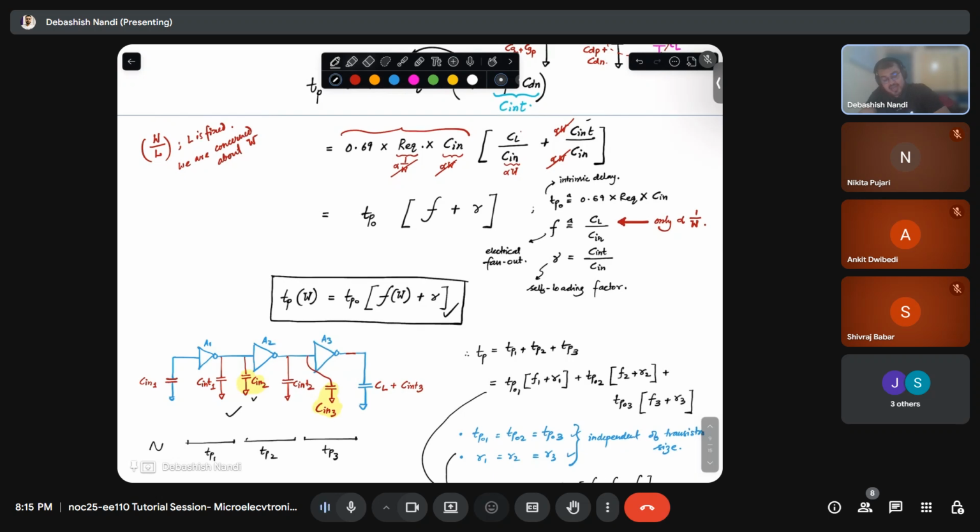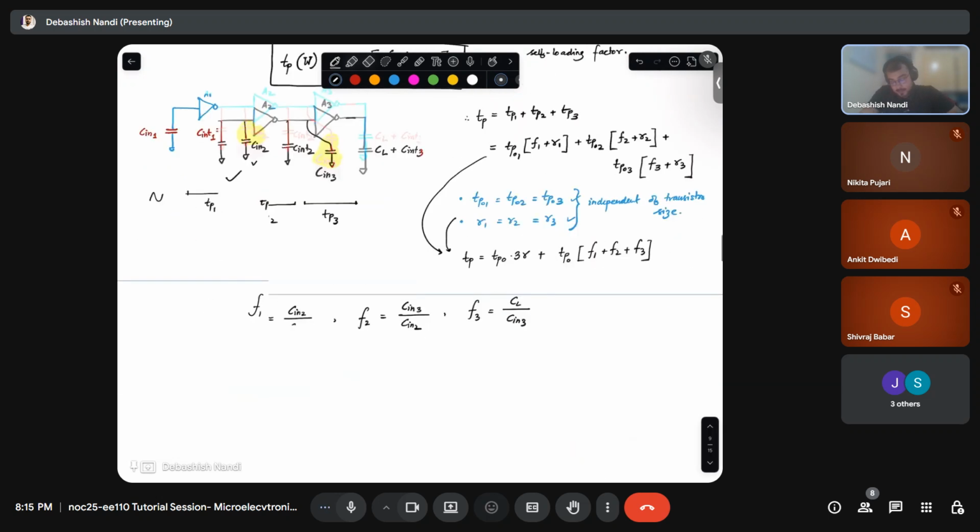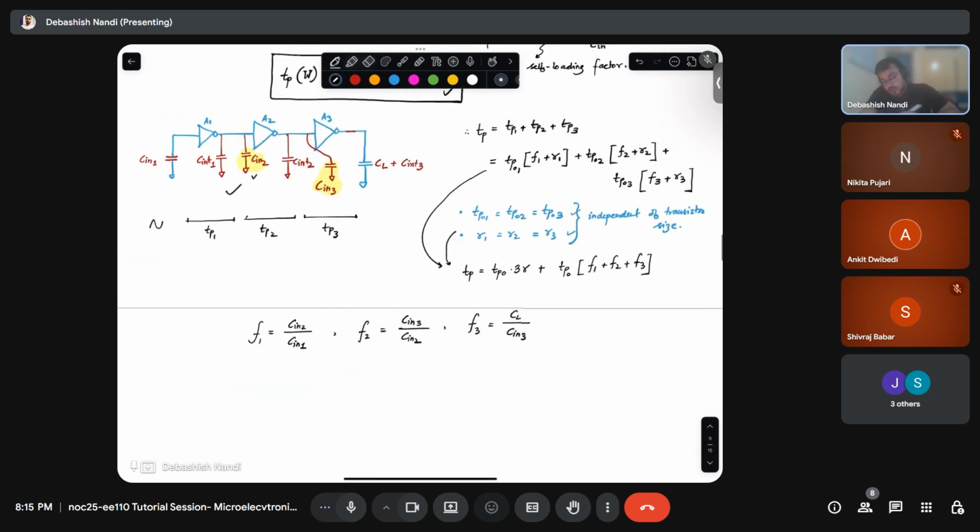I'll keep it as C int 3 and let's keep it CL. So this is the load capacitance that we are talking about. C int 3 is basically your internal capacitance that is already considered in the case of gamma.